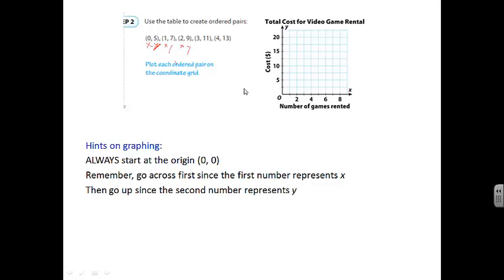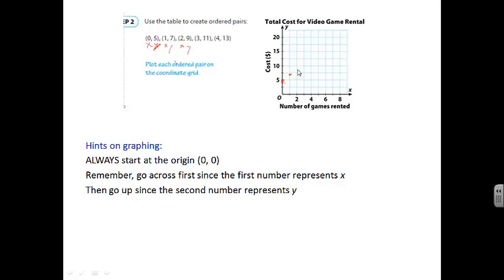Okay, so we're going to go across 0 and up to 5 and put a point. We're going to go across to 1 and up to 7. Now, this is counting by 2.5. 5, 7.5, 10, 12.5, 15. So our 7's going to go just a little bit under that mark.